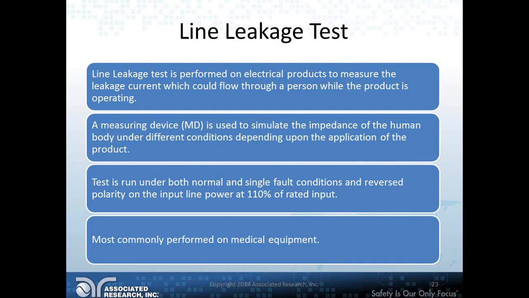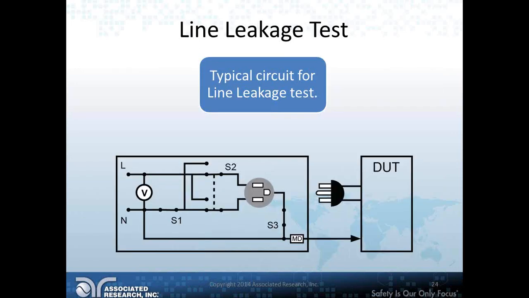This test is most commonly performed on medical equipment, and here's a typical circuit for the line leakage test. On the left side is the line leakage tester. On the right is the device under test, the DUT. The three-prong line cord is being plugged into the electrical safety tester, and you can also see three different switches, S1, S2, and S3.